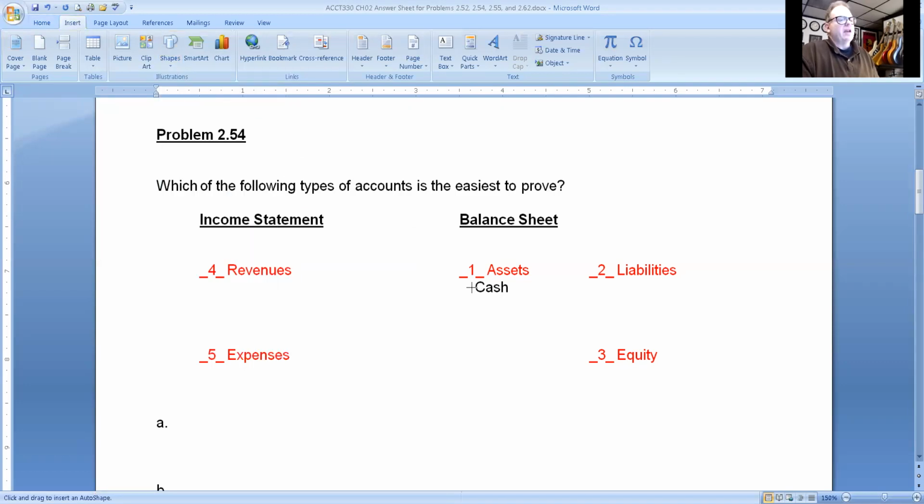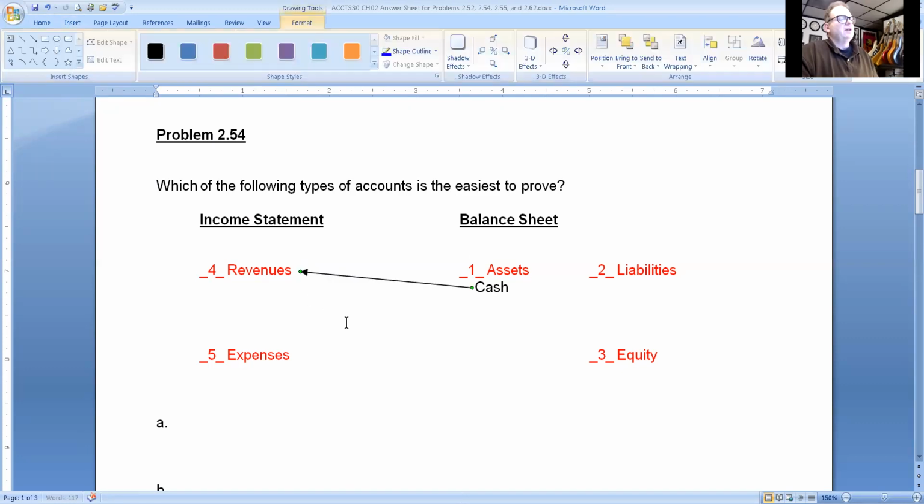While you're proving the cash, though, everything that's going in and out of cash, at the same time you can be proving revenues, right? If you get cash receipts in, those will end up in your cash account, and that also verifies those revenues you earned, that cash came in.